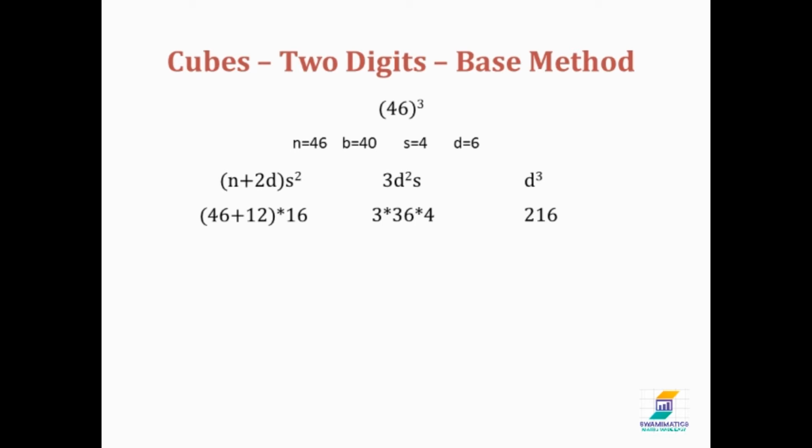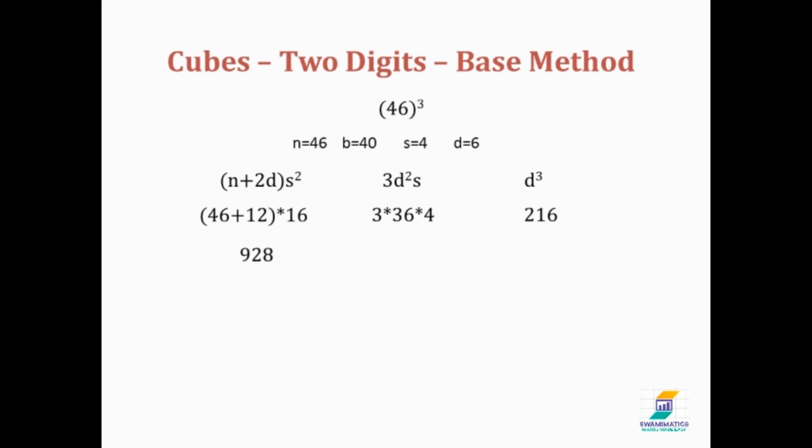Now, how do I do 58 into 16? Instead of 58, I will take it as 60 minus 2 into 16. So it is 960 minus 32, which is nothing but 928. In this way, if you can do the multiplication in your mind, you can do things much faster.